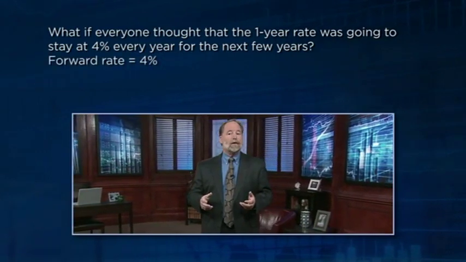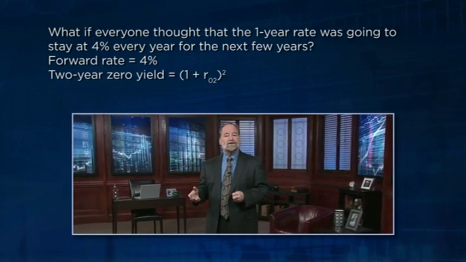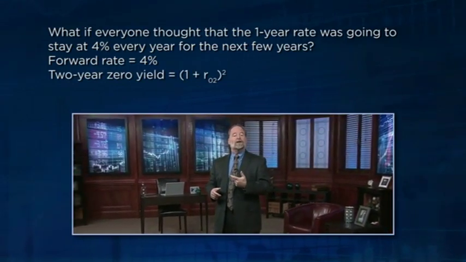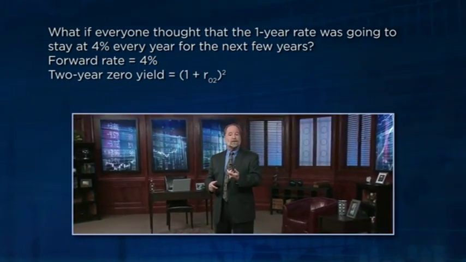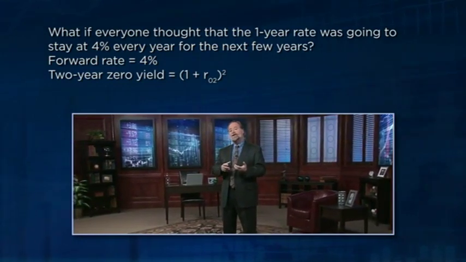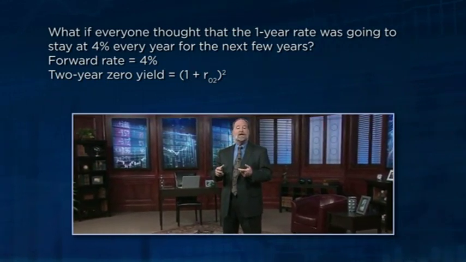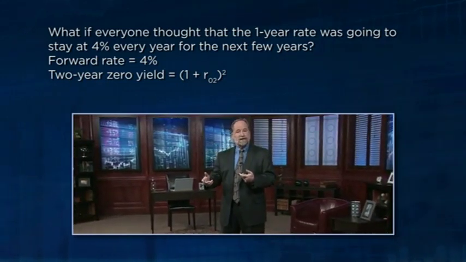In that case, the forward rate would just equal 4%. The two-year yield would be such that what? 1 plus the current two-year yield, R02, squared would have to be equal to what? 1 plus the current one-year rate of 4% times 1 plus the forward rate of 4%.